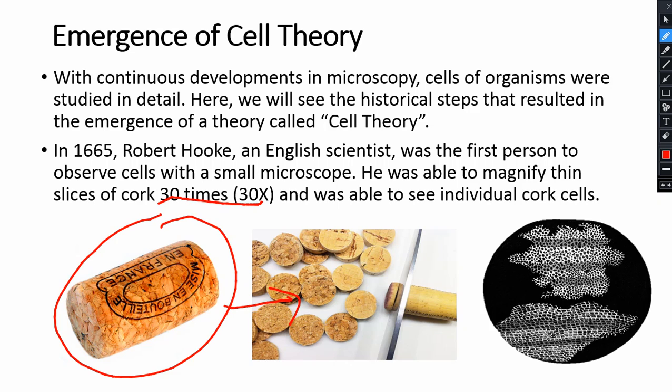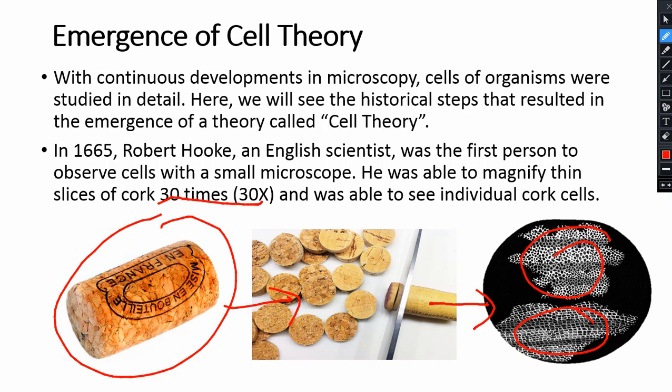It means that it can increase the image up to 30 times. At that time, when he looked through the microscope, it gave him an image like this, and the small dots you are seeing here, he called them cells.